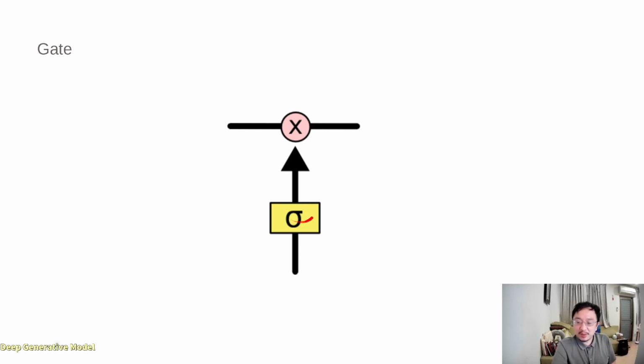However, in this one, the decision on whether to keep or forget the number in the box depends on another independent factor that is computed by other means. So we use this gate to decide which box we wish to keep and which box we want to forget.